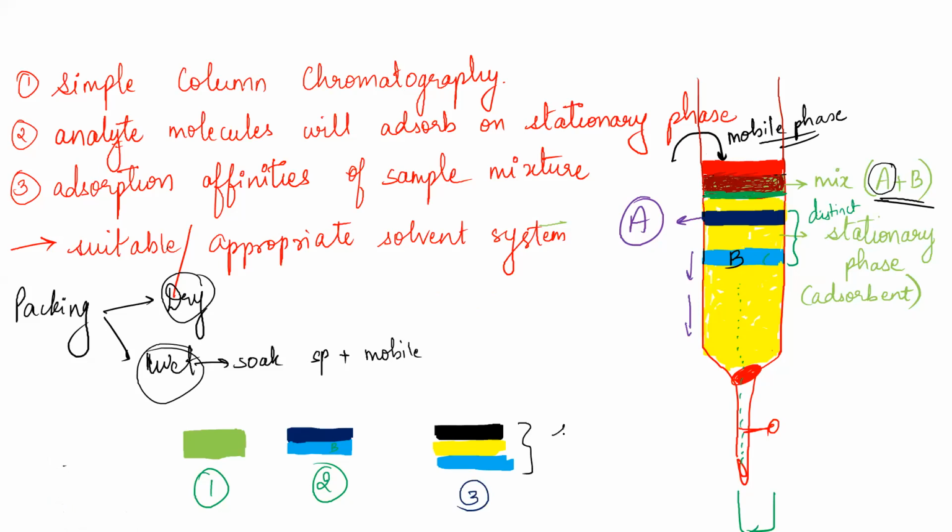What is distinct? Like two bands are separate. Are they separate? This is A and this is B and this is your stationary phase. Now are they separated properly? Yes. Yes. What about others? Can you all please type yes or no? What do you think?